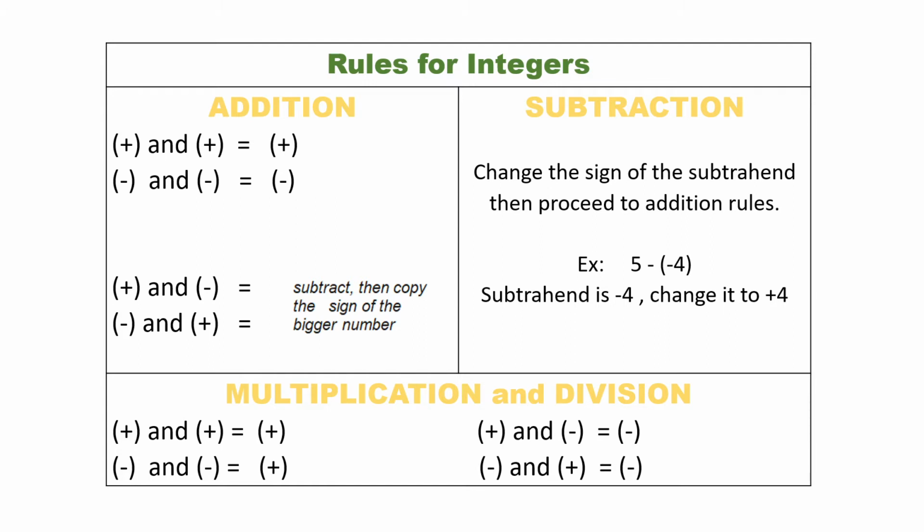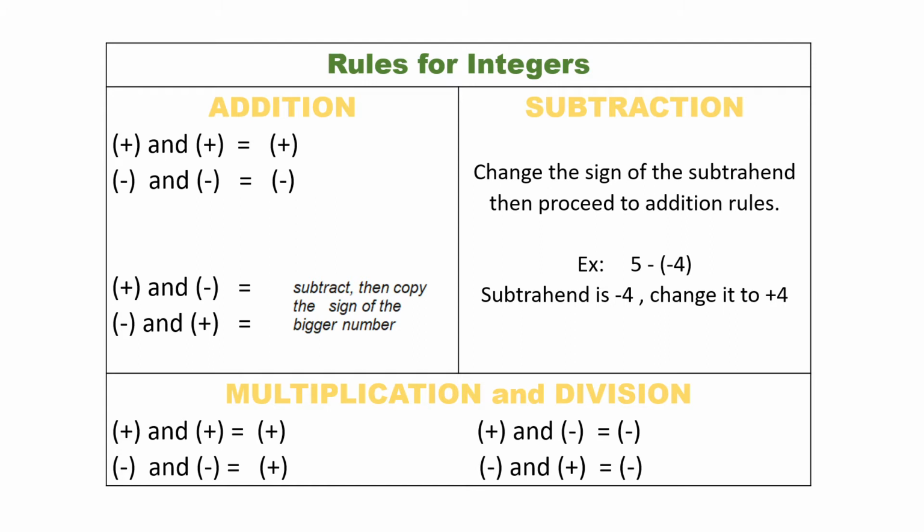And then, yung answer nun is lalagyan natin ng sign kung ano yung sign ng largest. Now, for the subtraction naman, just change the sign of the subtrahend and then proceed to addition rules.